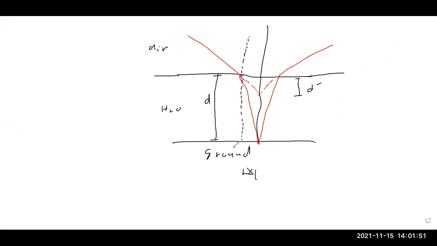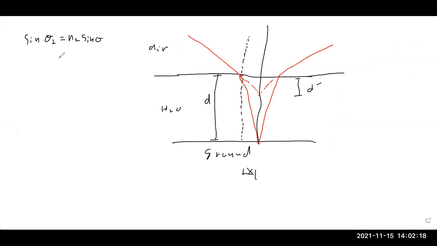So if the angles are close to normal, then a handy assumption can be made about the angles. This is just Snell's law, but with one plugged in for air.